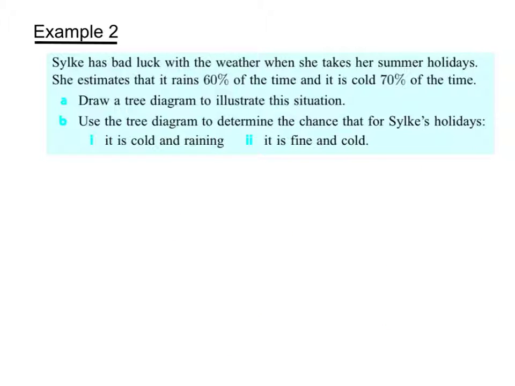Let's take a look at another example. In this case, we have Silk, and she has bad luck with the weather when she takes her summer holidays. She estimates that it rains 60% of the time and it is cold 70% of the time. And we want to draw a tree diagram to illustrate this situation. Our first column can be temperature, and our second column can be rain.